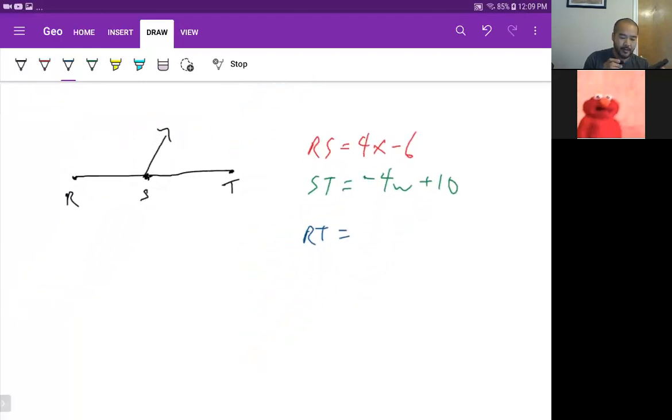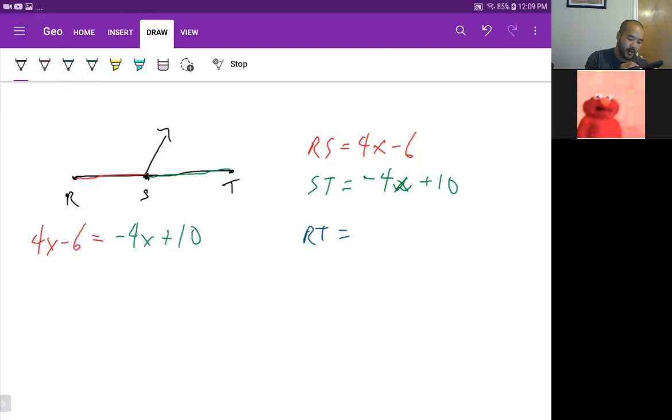Over here, same concept. You have RS, this red one, then you have the green one, ST. So 4x minus 6 is equal to the green one, which is negative 4x. That should be an x. Sorry about that. Plus 10.